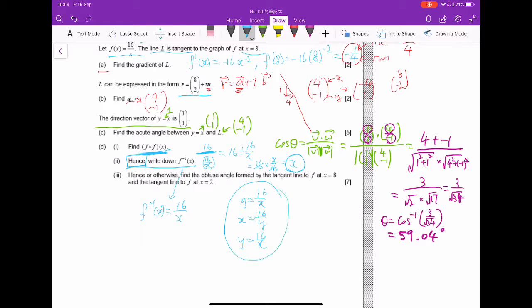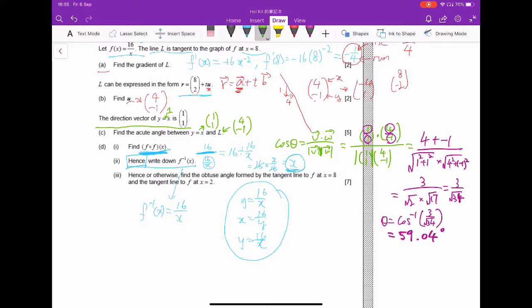If you show any kind of working like this in your answer booklet, the exam would consider that you didn't do hence and would not give you any mark. So this is almost the only time where doing working might hurt you. But conceptually you need to know this: for any function, if you compose itself and you get x, then that function is a self-inverse function.